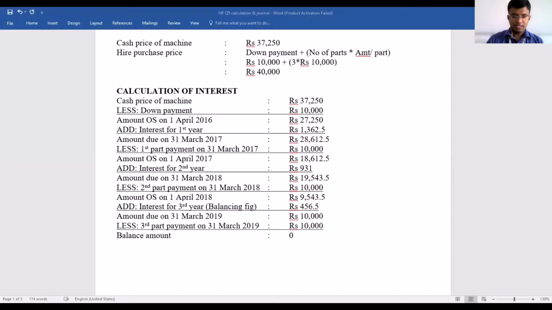Now that we have calculated the interest, we have worked out the interest for the different years. Now what we have to do is work out the calculation of cash price in part payments.